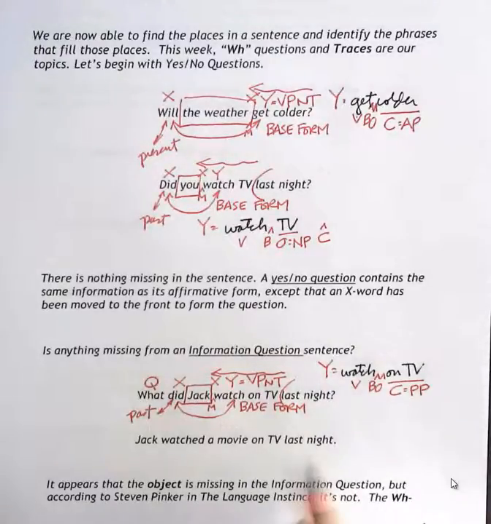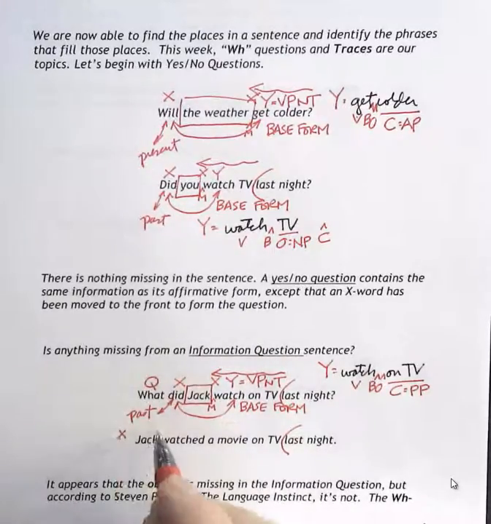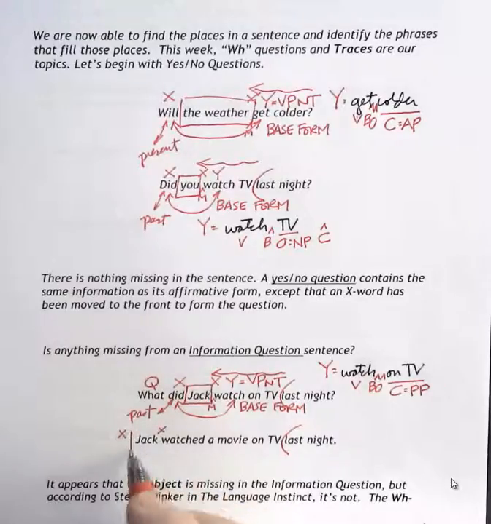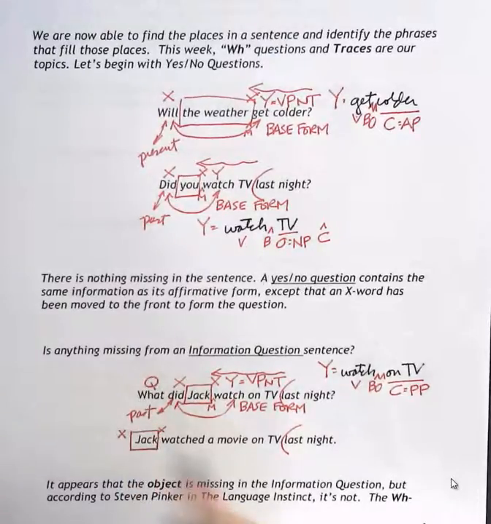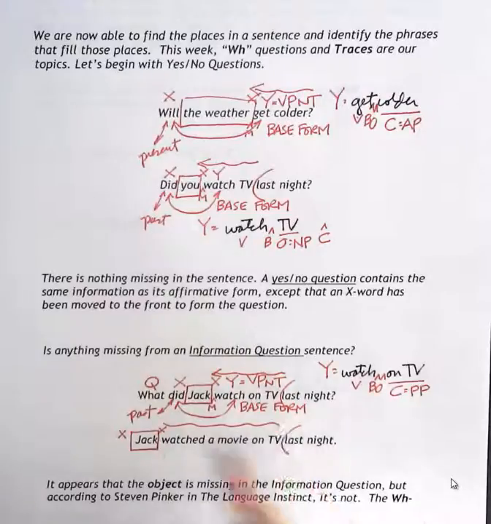Let's look at the answer, or the affirmative sentence. Last night, Jack watched a movie on TV. Predicate. And the Y place. Watch ties with the past. It's the past form.